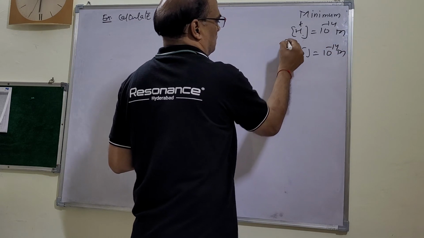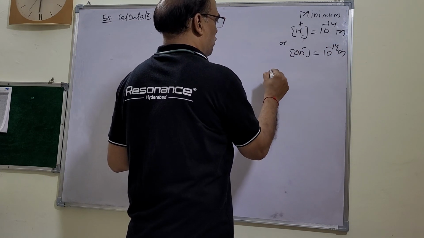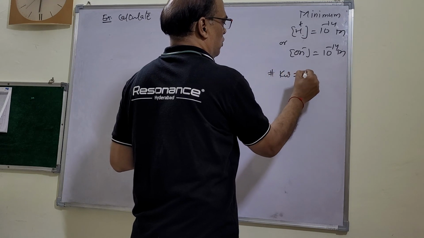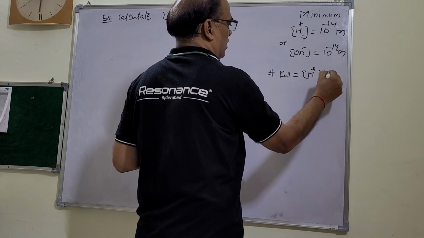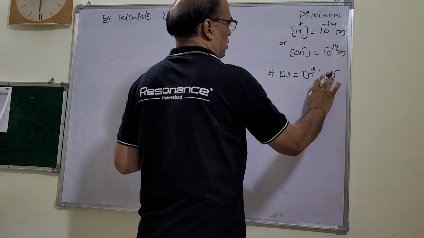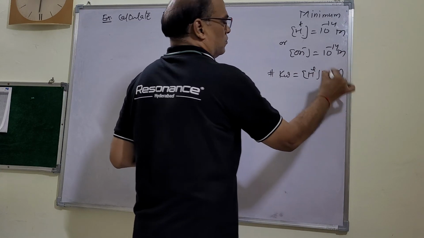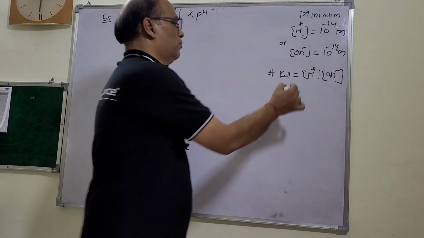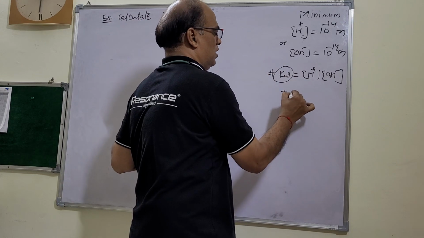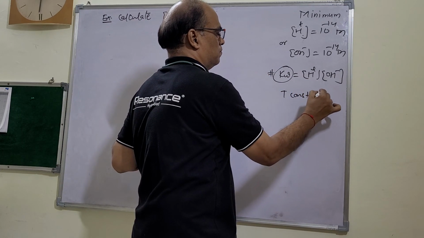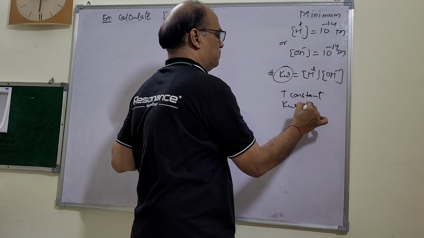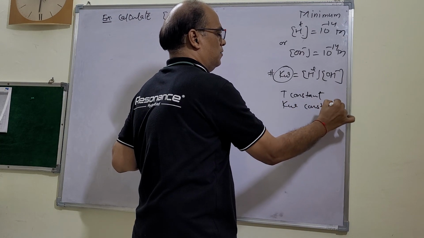Got it? Every time, don't forget it, Kw is equal to what? H+ into OH-. You cannot change this equilibrium constant because this Kw, T constant, Kw constant. Got it?